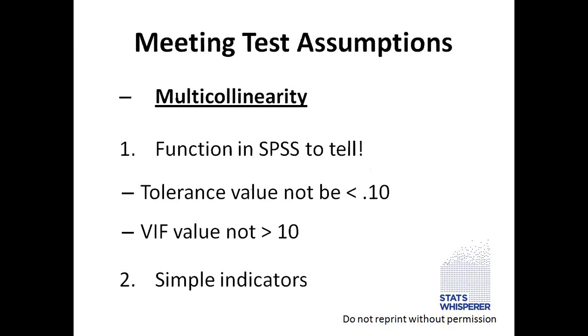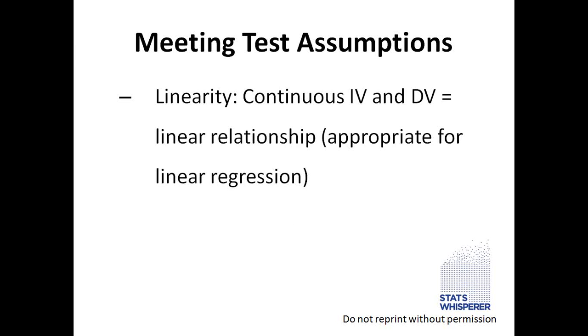So if the tolerance is not below 0.10 and the VIF is not above 10.0, then we assume that multicollinearity is not an issue. Okay? So these are simple indicators, so you know right away if something's going on you need to address.